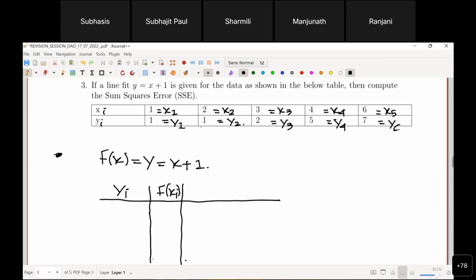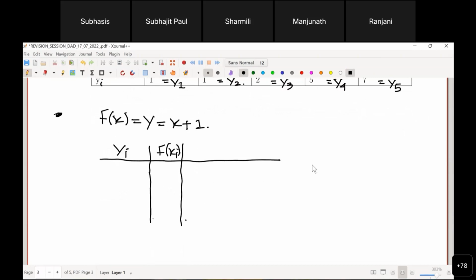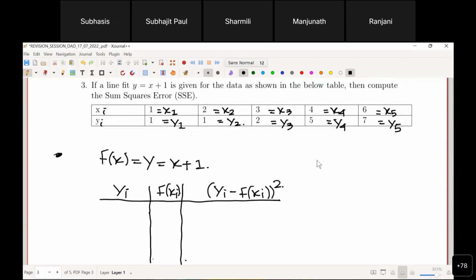So we have 5 points. What we need to compute here is yi minus f of xi whole square. So what is y1? y1 is 1. And what is f of x1? f of x1 is basically 2, right?